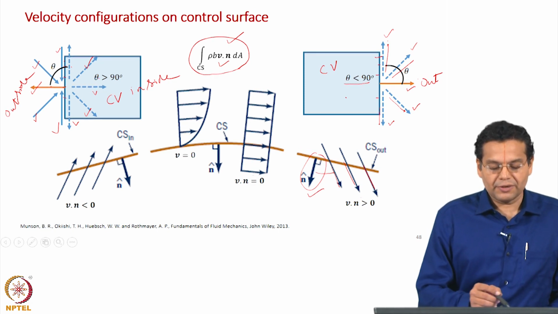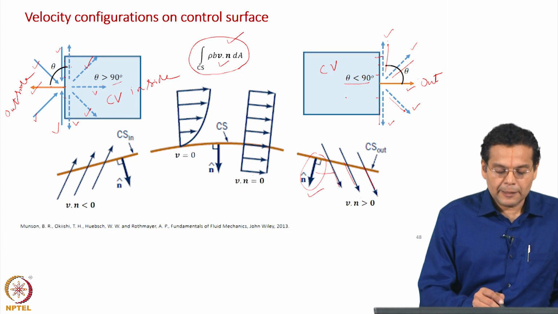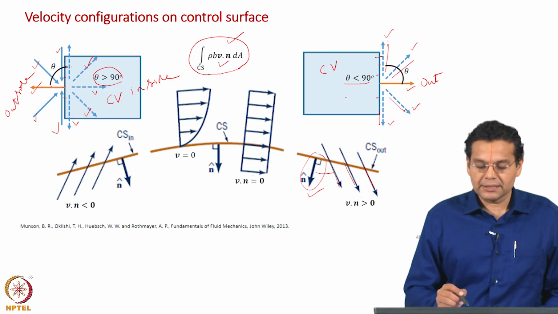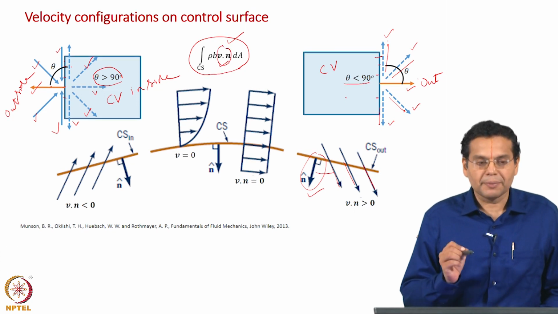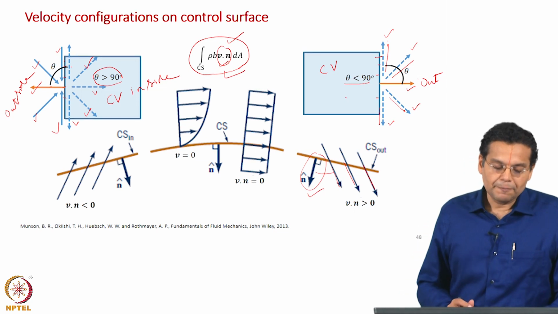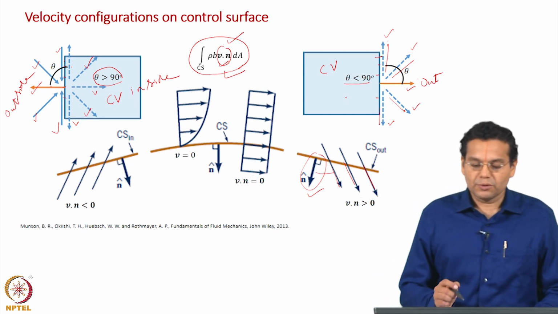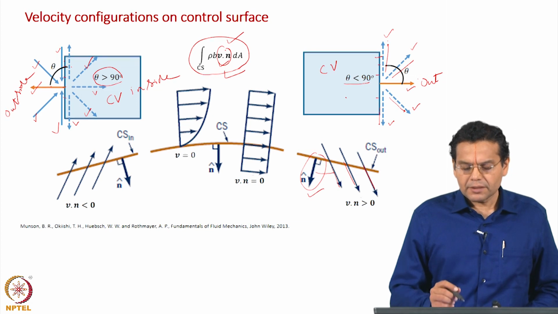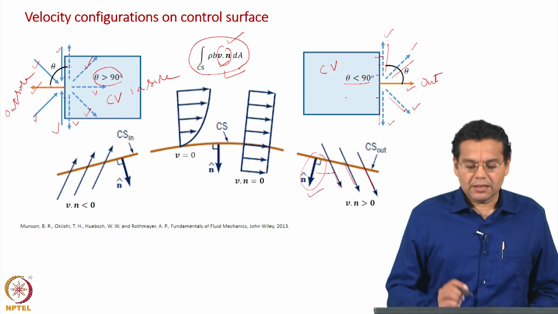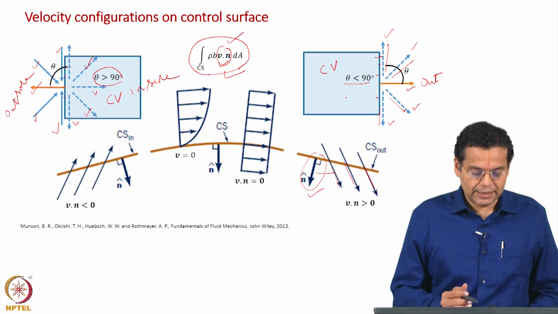Now, what value can theta take? Based on this configuration, you can easily conclude that theta will always be greater than 90 degrees, which means that v dot n will be negative. So, this expression will be negative for the inflow surface. So, v dot n automatically takes care of inflow and outflow boundaries based on the angle.